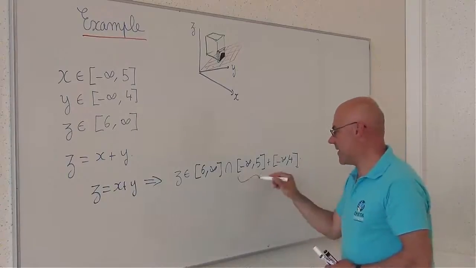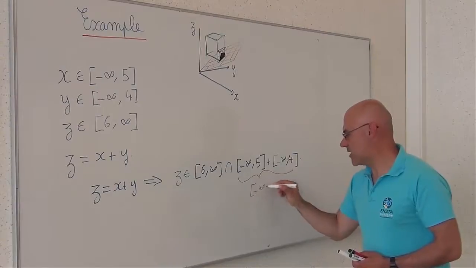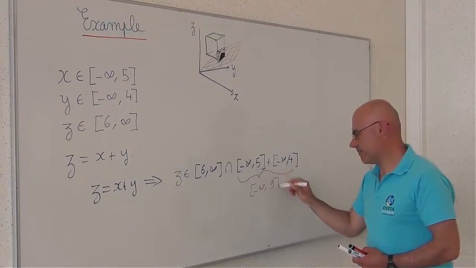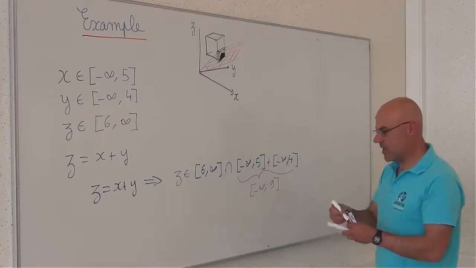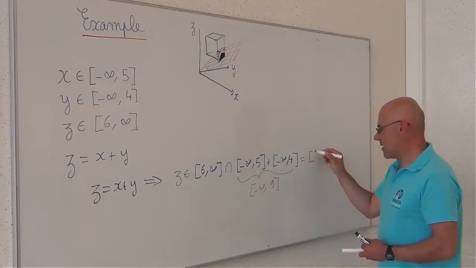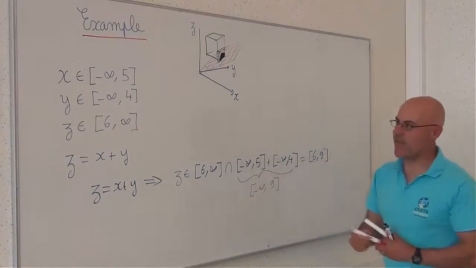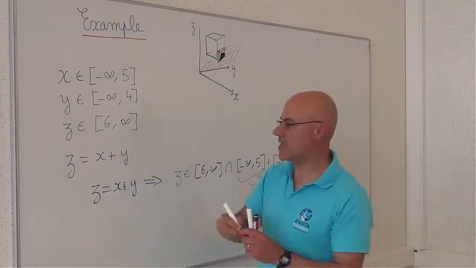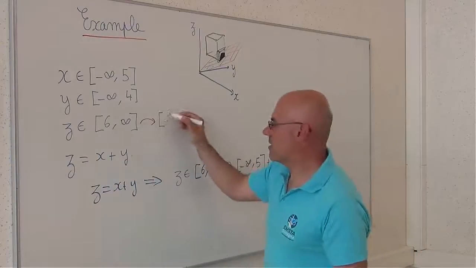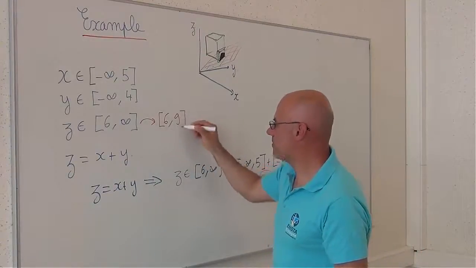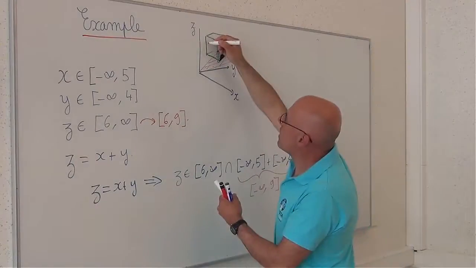If I add these two intervals, I will obtain minus infinity 9. When I intersect these two intervals, I will obtain 6, 9. It means that I was able to contract this interval into 6, 9.